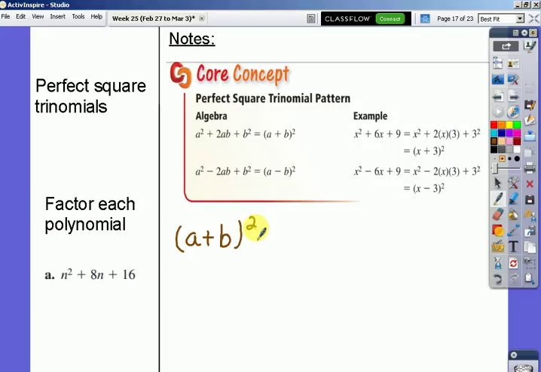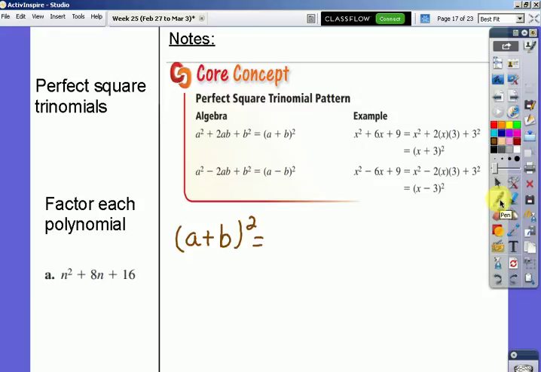Now the temptation from now until forever with mathematics is to say that that equals a squared plus b squared. We do not want to do that because that's not true. Trig students are doing that. I don't want algebra students doing that, and getting to trig and doing that. So let's not. Let's remember that if we have a plus b quantity squared, what we're really doing is we have that middle term, and I talked about that last time.